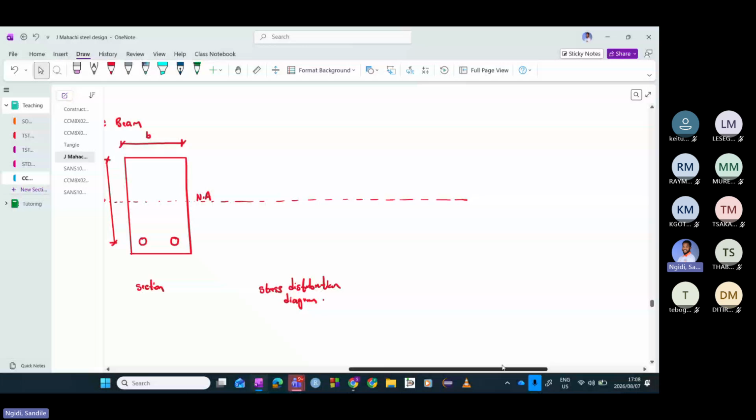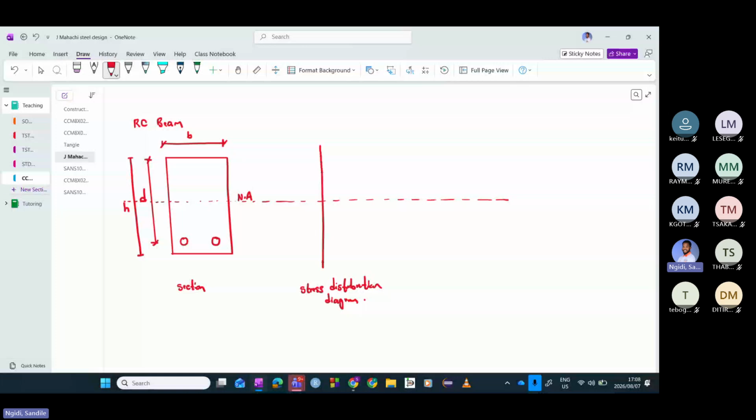We know that the distribution of stresses from this section is going to be in a parabolic shape, where we're having maximum compression stress here on top, and then we're having stress that goes all the way to zero here, because this concrete doesn't carry any stress in tension.